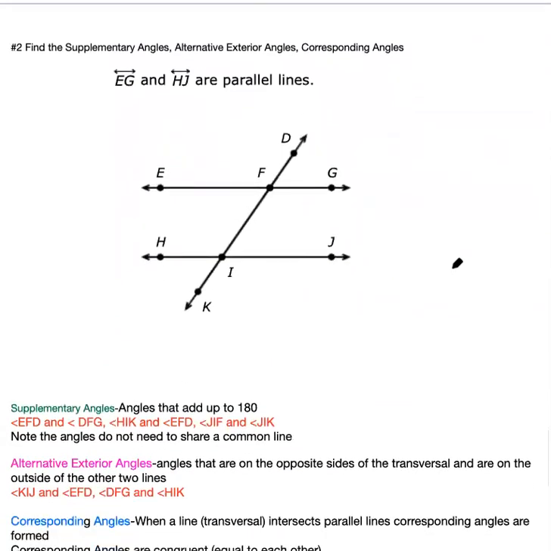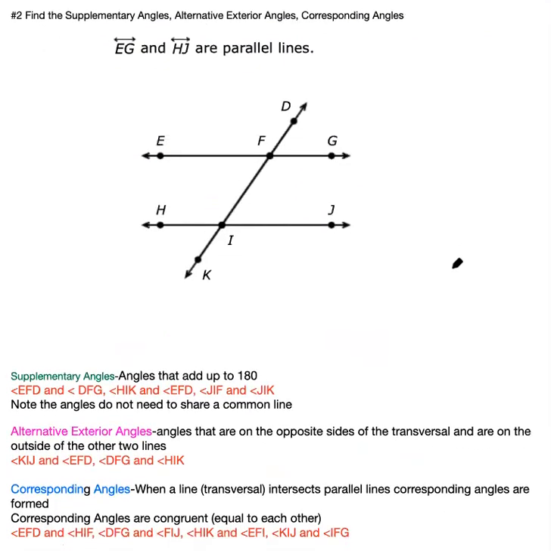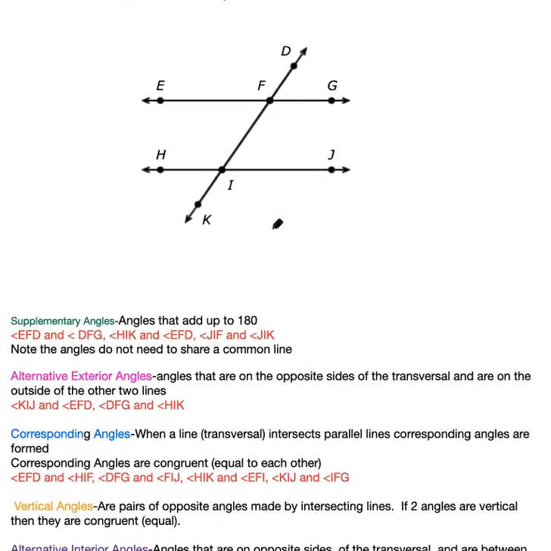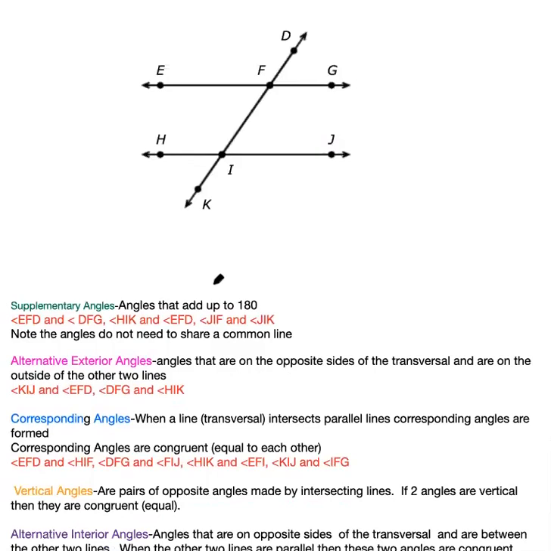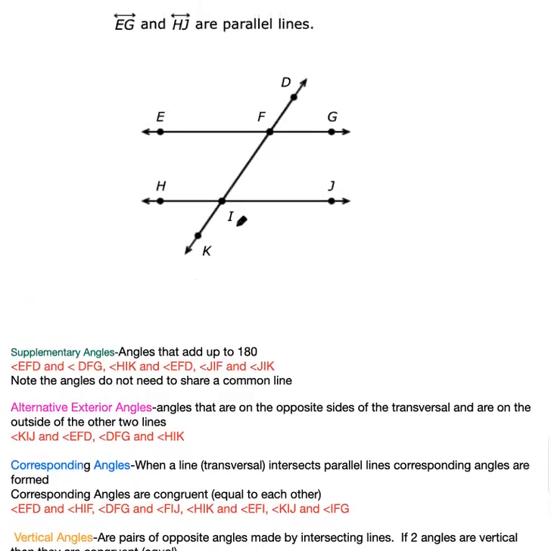All right, the last one we're going to look at combines pretty much everything: supplementary, alternate exterior angles, and corresponding, and I'll even add vertical as well. Looking down here, I wrote them out for you. Supplementary angles would be, for example, EFD and DFG, HIK, EFD, JIF, and JIK. Let's look at JIK down here and JIF right there.